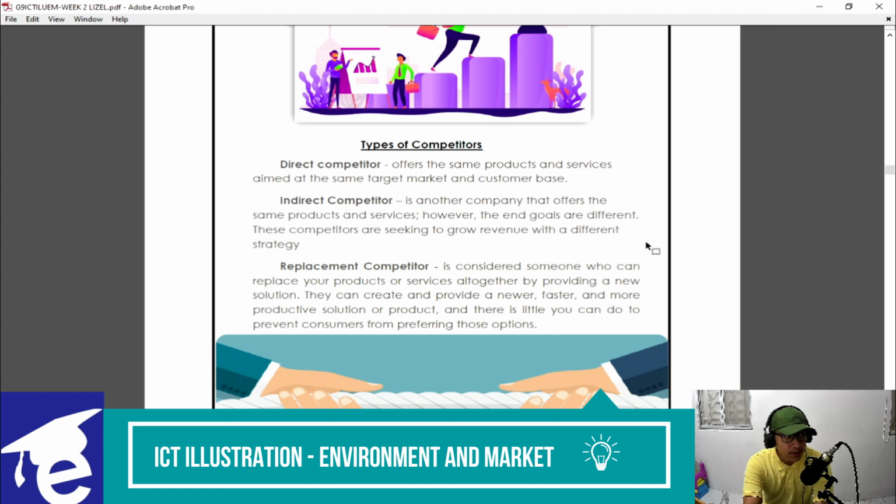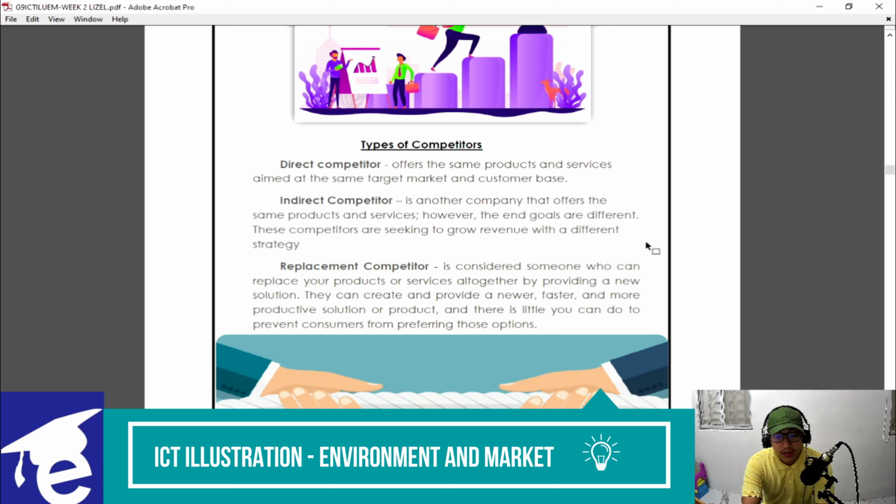So if one establishment is selling shawmai bread, and another seller or business is selling food, ulam, that's indirect competition. It's a direct competition in a way, but in terms of category, they are the same. They are in a different variant of products, services that they are offering.